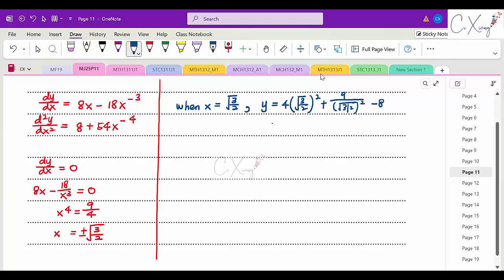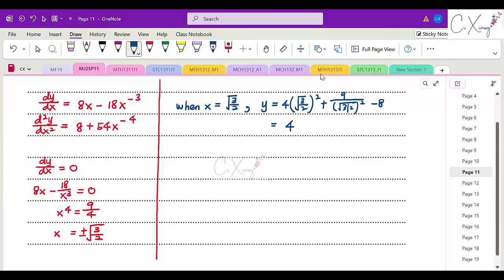Simplify a little bit using the calculator, or some calculation in your mind. You will have 4 as the value. So as the y coordinate, you have 4. So this is one of the stationary points.